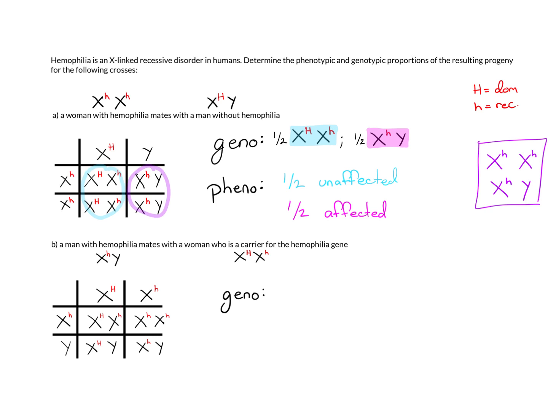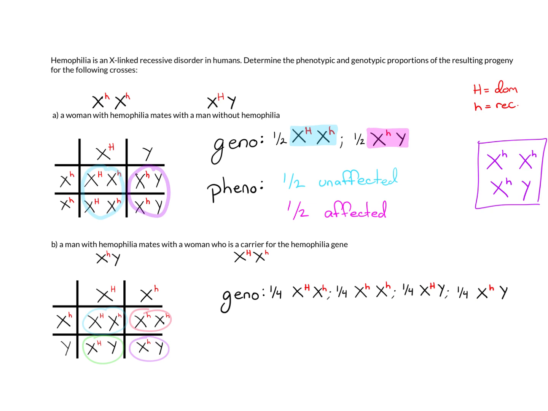So, we can now see that there are 4 different genotypes that appear as a result of this cross. 1 out of the 4 resulting offspring will have this genotype. 1 out of the 4 will have this genotype, and a quarter will have this genotype, and the last quarter will have this genotype.